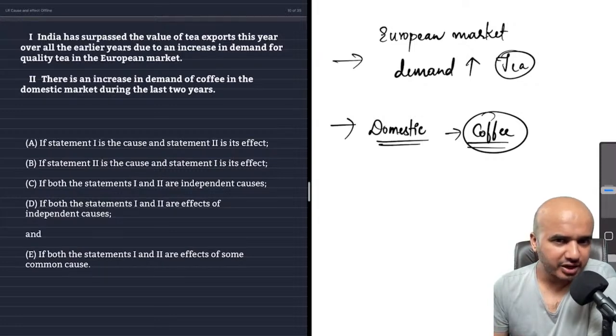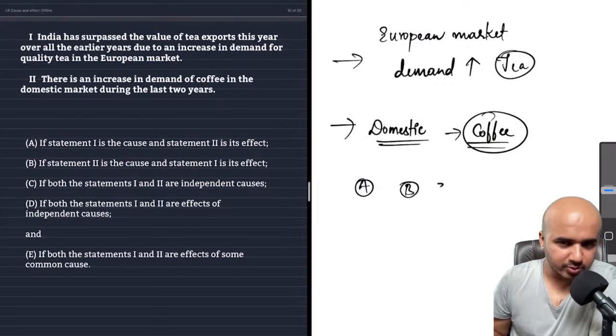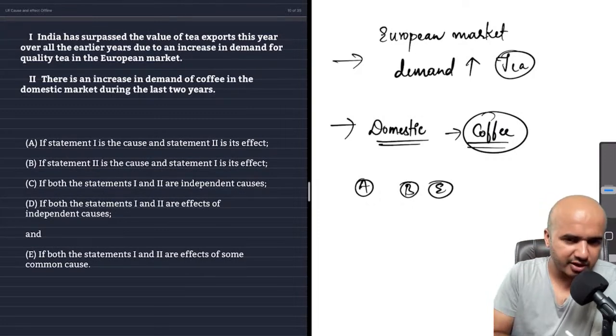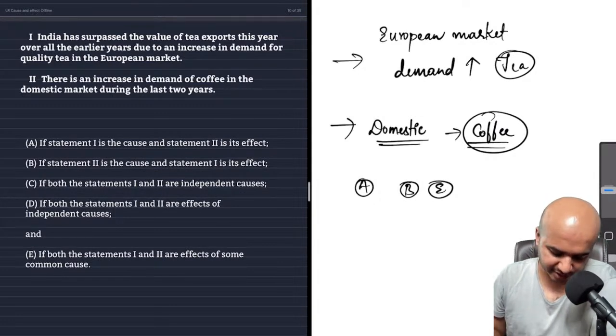There is absolutely no connection between these two. So therefore, we can easily rule out statement A and statement B, and even statement E, because one, we are talking about coffee, another we are talking about tea, and one more, we are talking about domestic market and European market. So there cannot be any cause and effect relationship here. So we have to look at statements C and D.